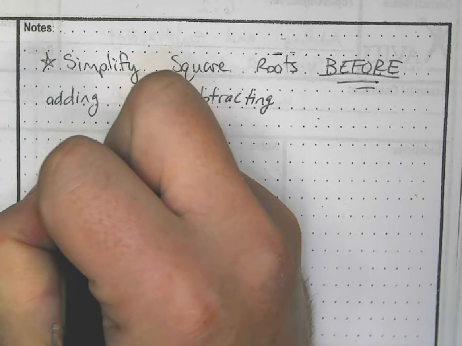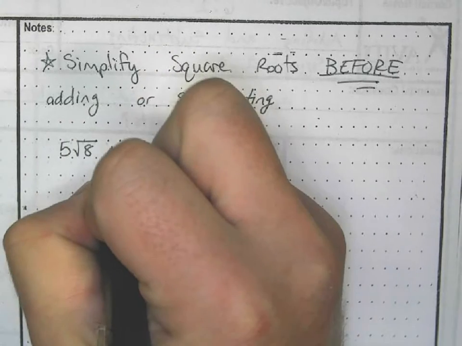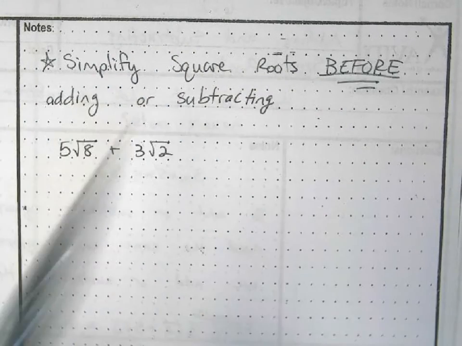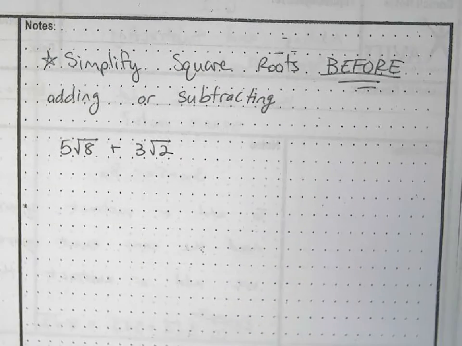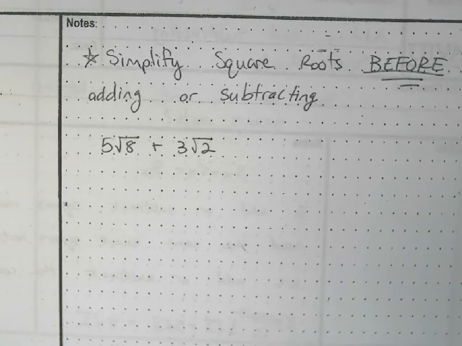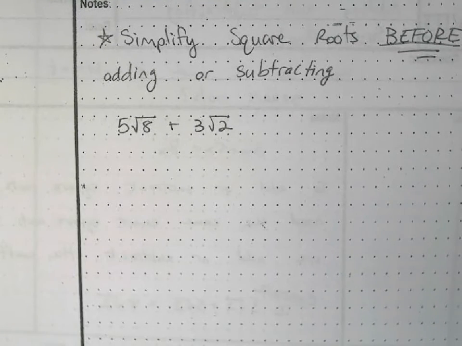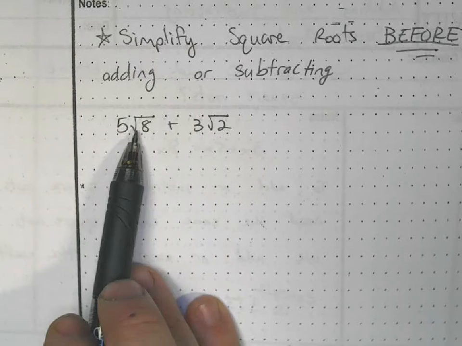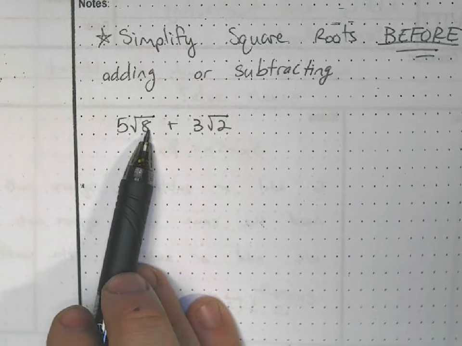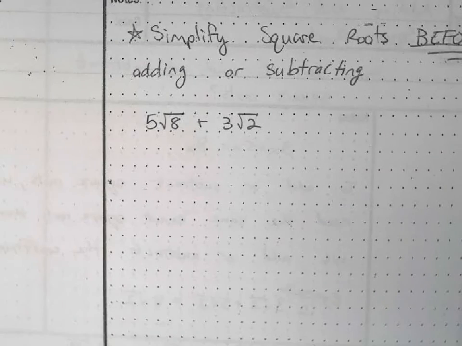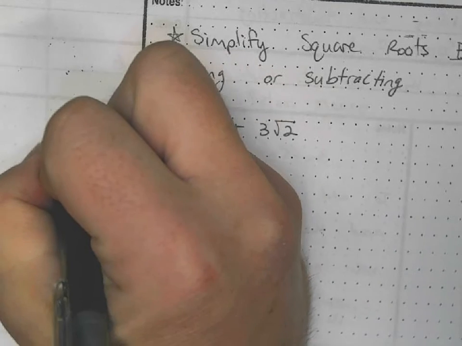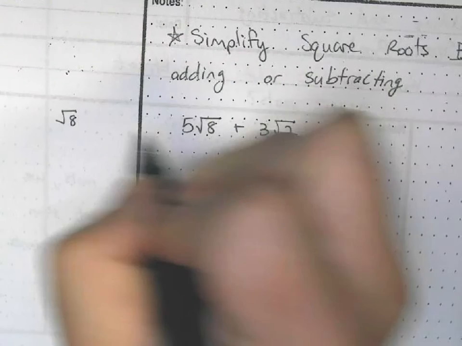Say we had 5 square root of 8 plus 3 square root of 2. So it doesn't look like I can add these because they have different square roots. But can I simplify the square root of 8? Let's do that. So over here, I'll do my square root of 8 simplifying. So I have 8.